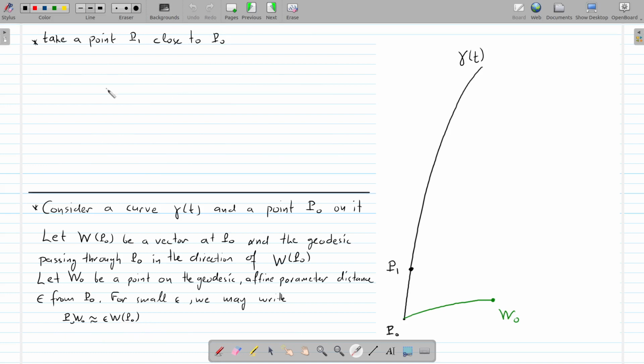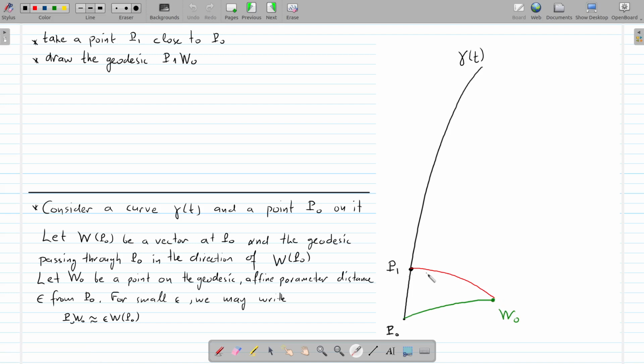So now let's move on and consider a point P1 that is also infinitesimally close to P0, and of course on the curve gamma. Since we know all geodesics, and all those points are infinitesimally close to each other, we can draw the unique geodesic connecting the point P1 with the point W0.